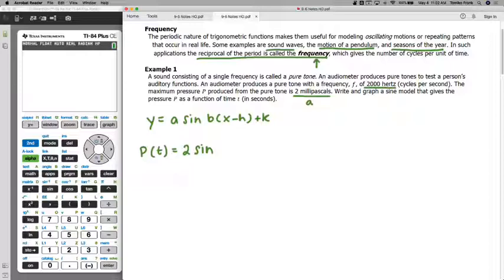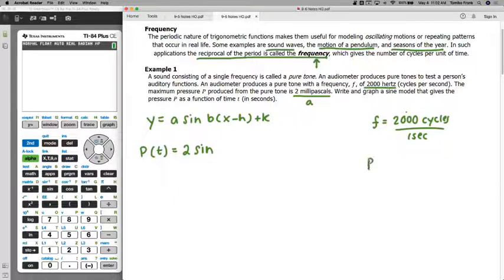So given the information from the top there, the reciprocal of the period is called the frequency. So we're told here that the frequency is 2000 hertz, which is 2000 cycles per second. We are also told from the top that the reciprocal of the period is the frequency.